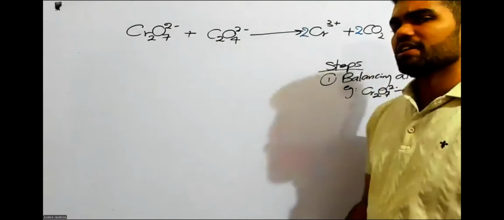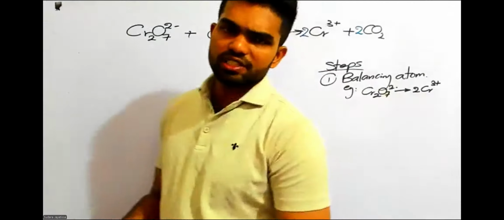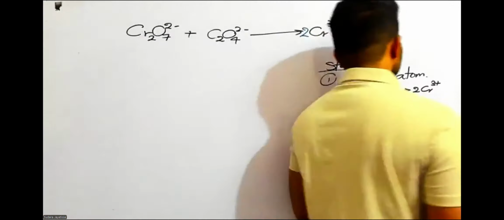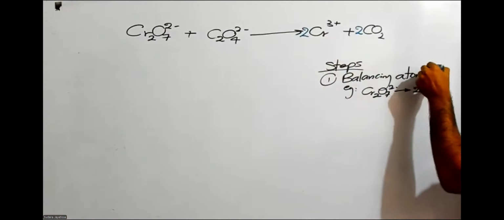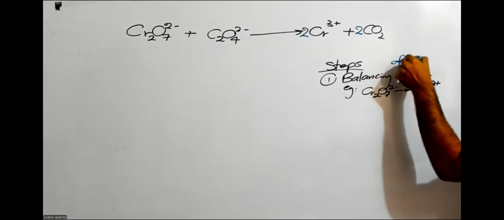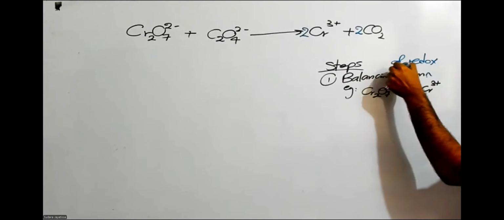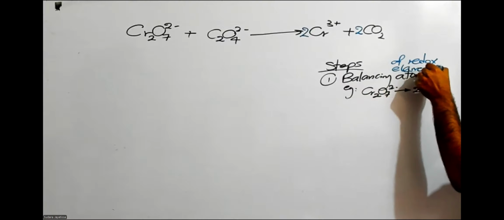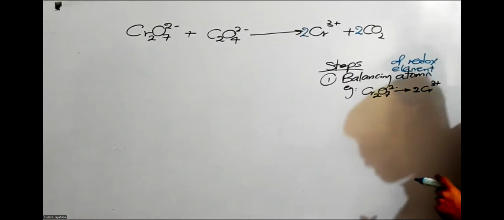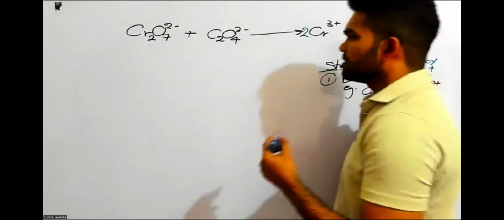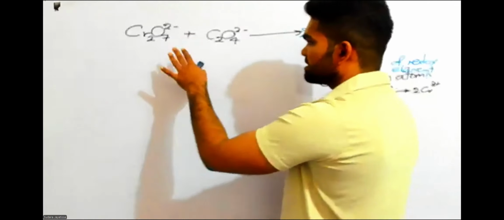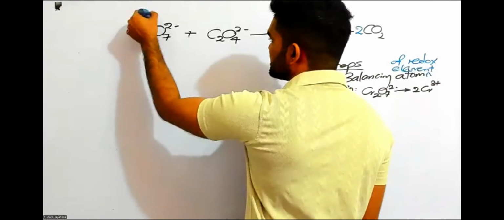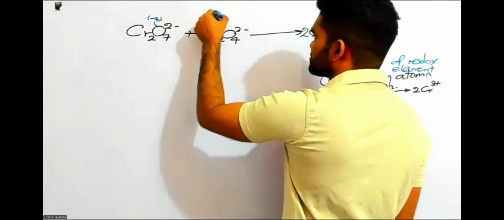Now you might wonder, why don't we do anything for oxygen, right? So the reason is this. We are balancing the atoms here of the redox element. Redox element means the element that undergoes oxidation or reduction. Understood? Now, if you carefully look at this equation, you will understand the oxidation number of all oxygen atoms is -2.